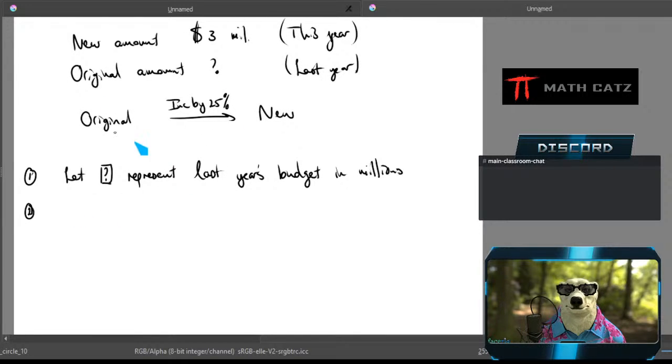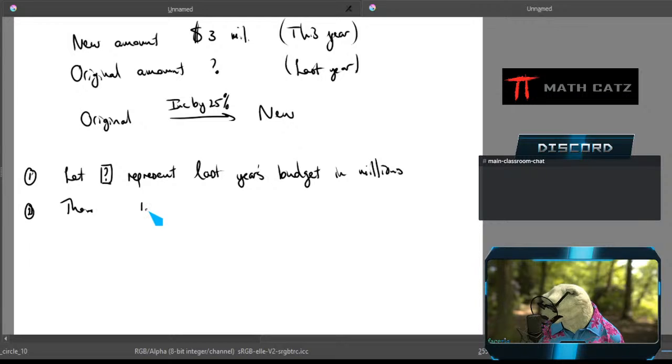Then I need a way to translate this, but I've gotten all the information out of the word problem already. I just have to look at this last one and see, well, I know what the calculation is for increasing by a percentage. The original amount is adjusted by a percentage, 25% is increased.